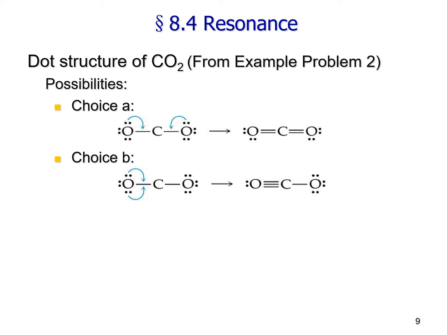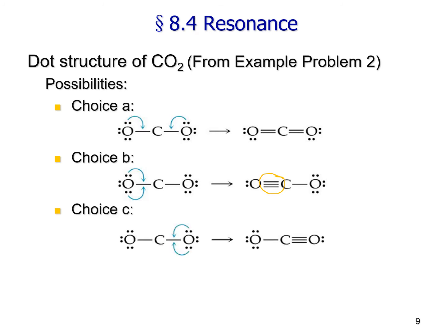If that is possible, we are talking about a triple bond between the oxygen and the carbon instead of a double bond. Once oxygen gives up 2 lone pairs to the bonding position, there will be a total of 6 bonding electrons. That means a triple bond. If the oxygen on the left can give up 2 lone pairs of electrons, the oxygen on the right can do that too, because it is the same oxygen atom.